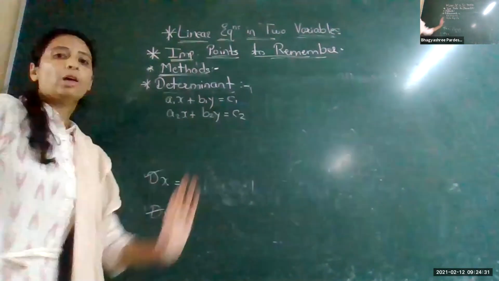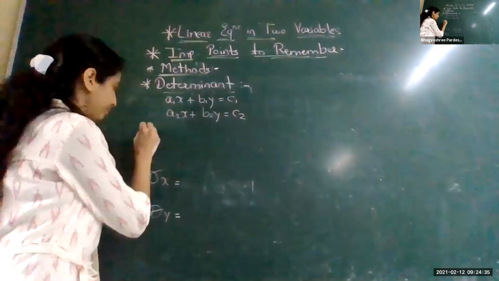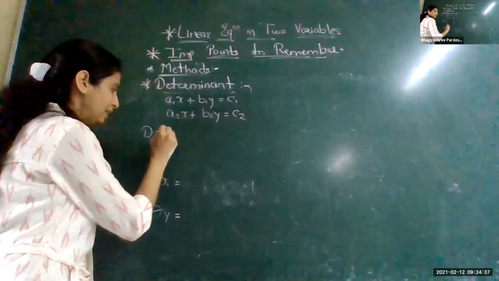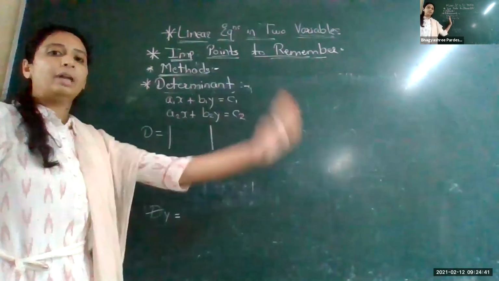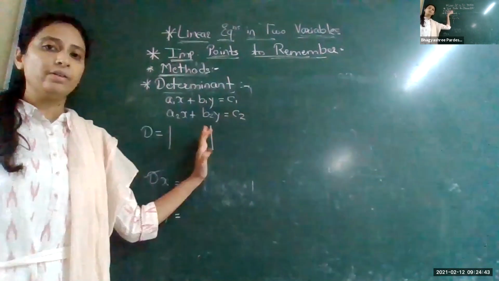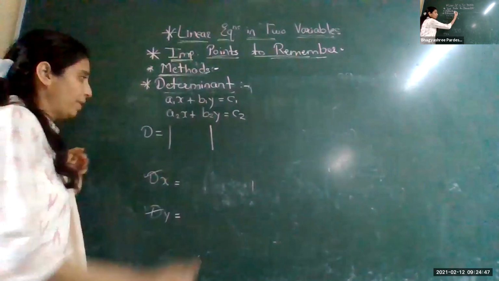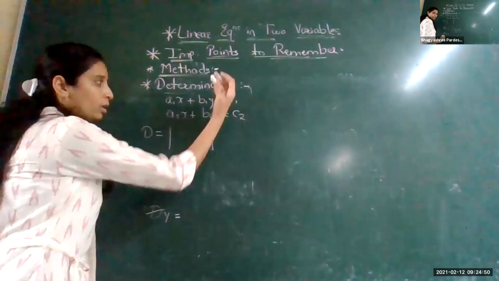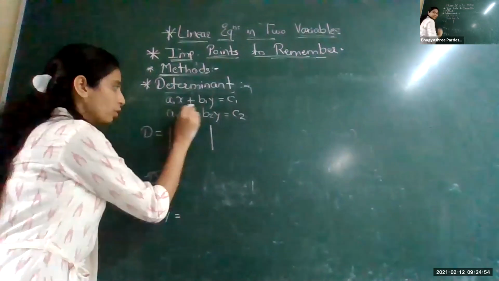Now we have taken two linear equations. So what to do? First, D. How to write D here? Because D is not directly given. From the linear equations you have to write D, Dx, and for writing D, forget about the constant terms. Just focus on the coefficients of x and y.